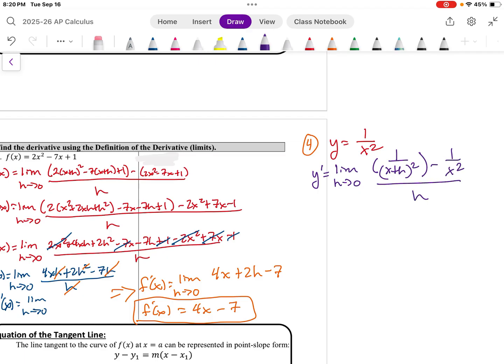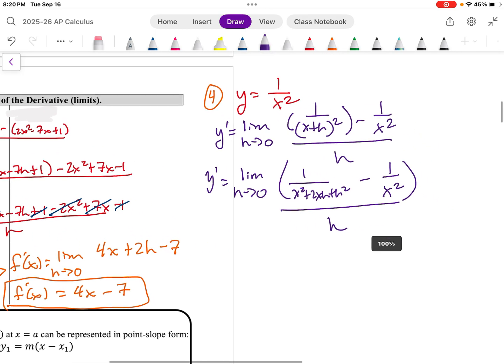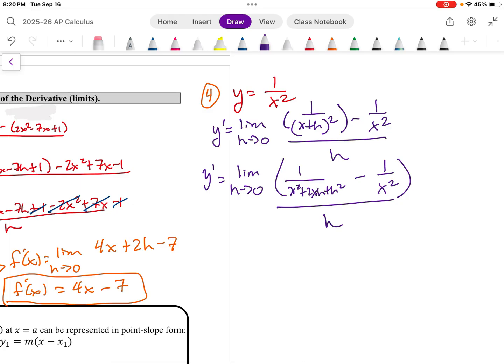All right, so y prime is equal to the limit as h goes to 0 of 1 over x squared plus 2xh plus h squared minus 1 over x squared. That's over h. And again, these are always the tricky ones. We need to get common denominators, which happens to be both things that are on the bottom there.